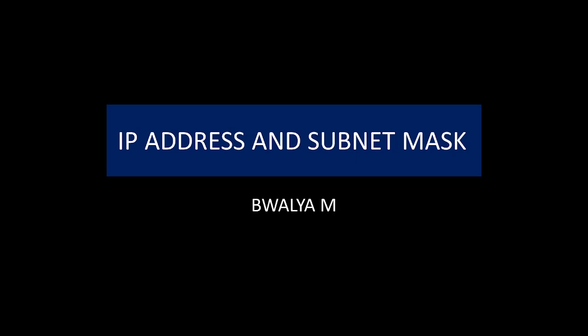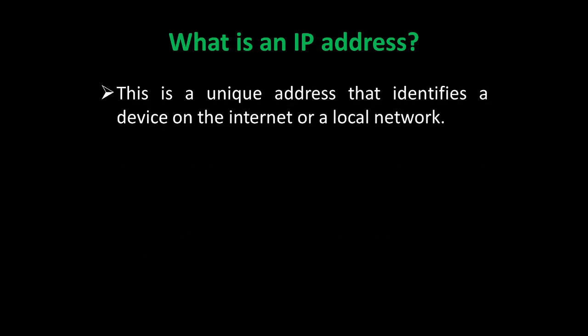So let's get started. We want to begin by identifying what an IP address is. So what is an IP address? Well, simply put, an IP address is a very unique address that identifies a device on the internet or on the local area network. So any device must have a unique identity on the internet, whether it's a smartphone, a laptop, or a printer, provided it's a networking device.